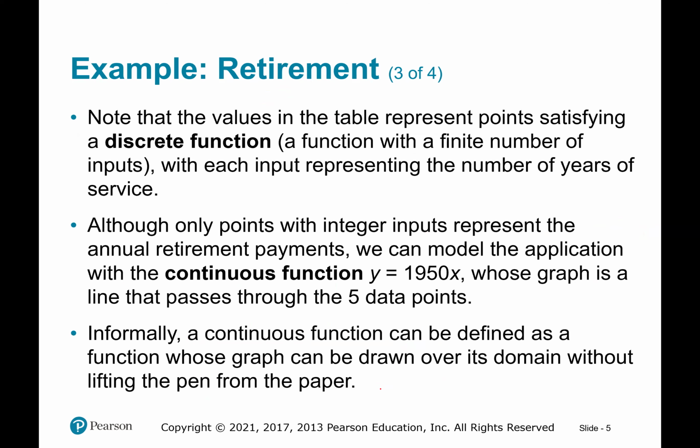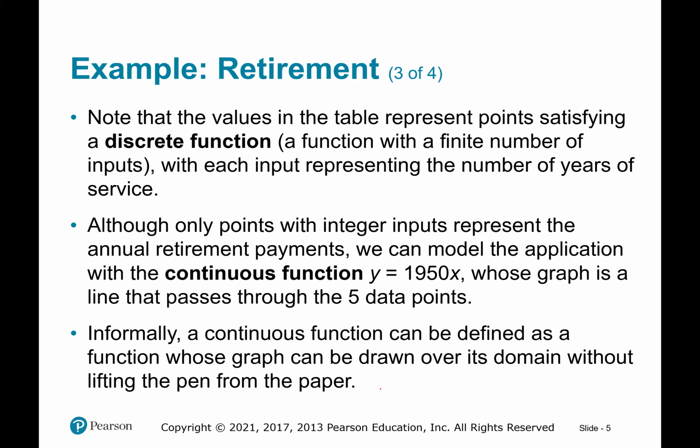So the values in the table represent points satisfying a discrete function, a function with a finite number of inputs, with each input representing the number of years of service. Although only points with integer inputs represent the annual retirement payments, we can model the application with this continuous function, y equals 1950x.